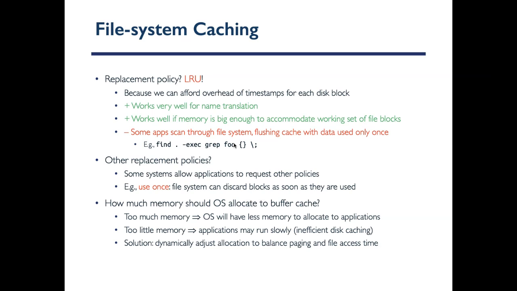They have enough memory to run all of them. But if you have a lot of paging, meaning that you're evicting pages and bringing pages back from disk, this means that you don't have enough memory for your processes. So by just looking at your paging rate, you could decide how much memory to allocate to the buffer cache.